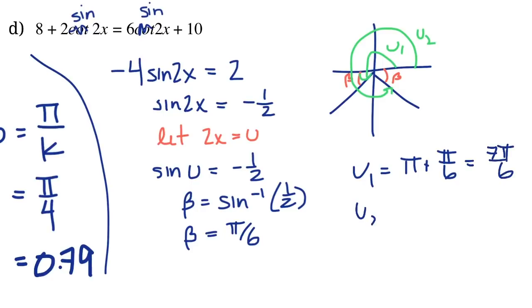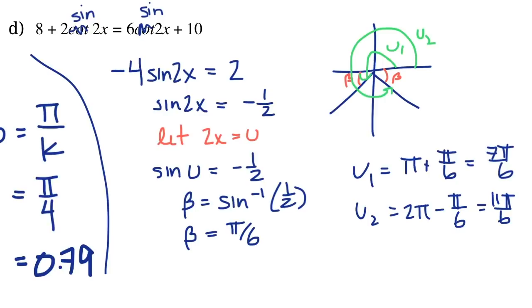And then u2 is like saying 2 pi, all the way around, minus that beta. So it's 2 pi minus pi by 6, which is going to give us 11 pi by 6. So we found our 2 u values that correspond to that first rotation of the circle.